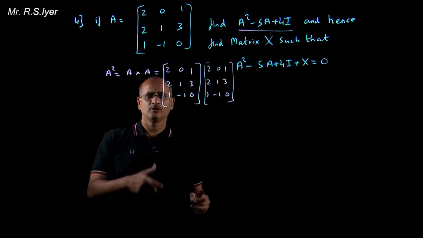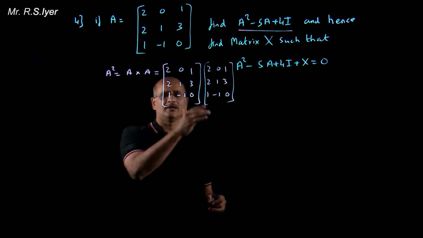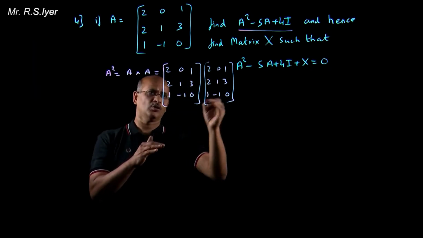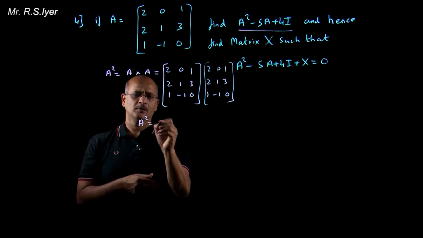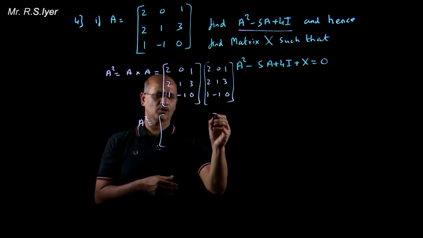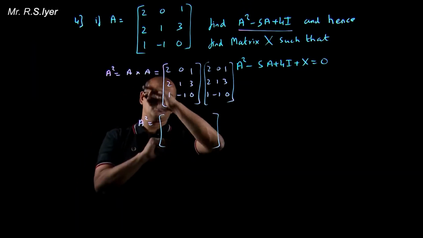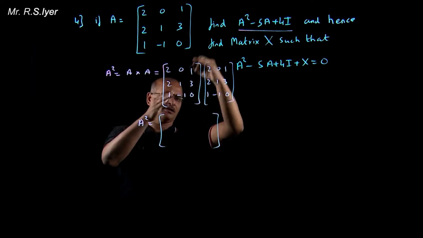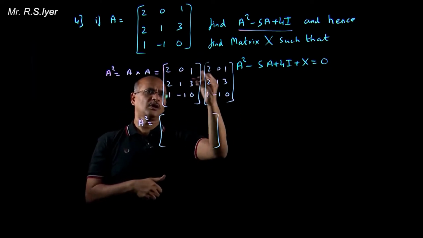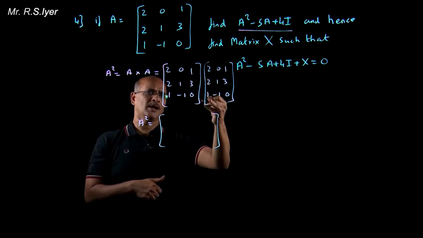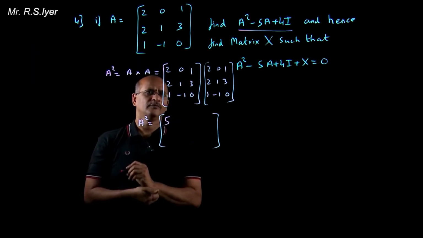Now there is no need to show the intermediate step. You can directly get the element when you are multiplying a row by a column. Remember this, every row of the first matrix should be multiplied with all the columns. So row 1 into column 1: 2 2s are 4, 0, 1, so that is nothing but 5.